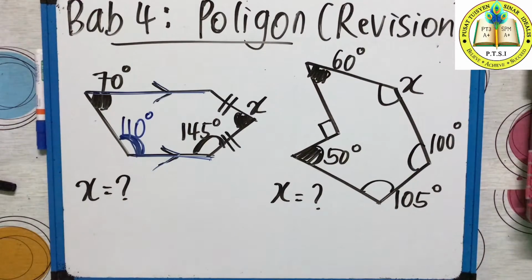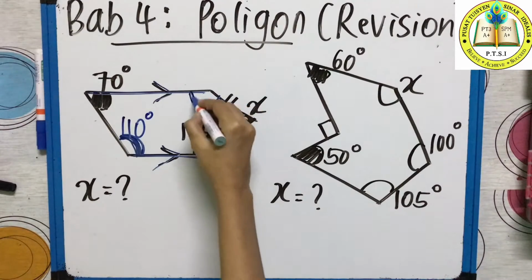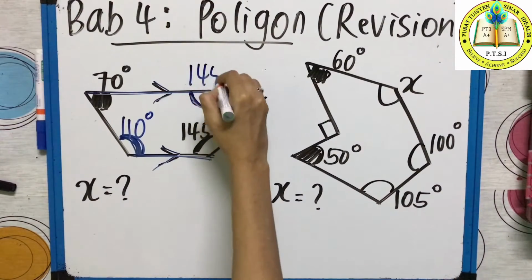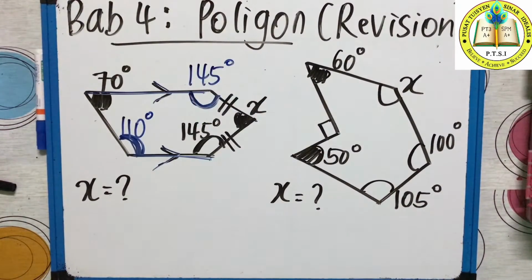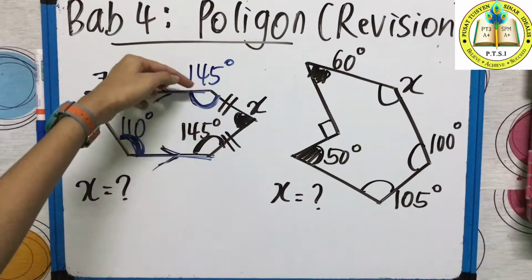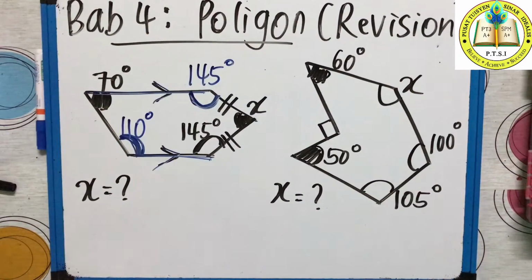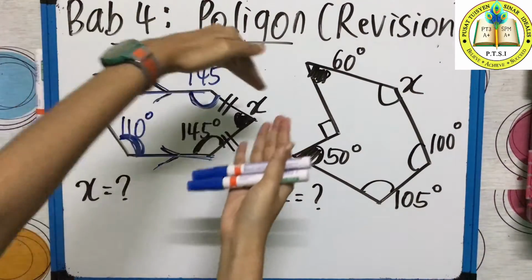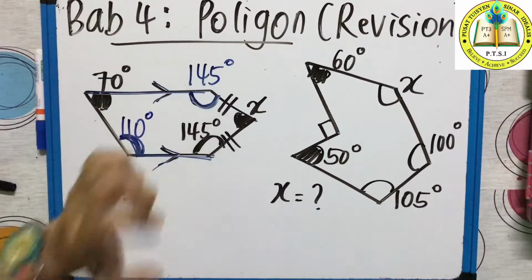Once you got this already, this one is 145. So this will also be 145 degrees. Why is that so? Because these two lines are the same, these two angles will be the same. Kalau dua sisi sama, dua sudut pun sama.